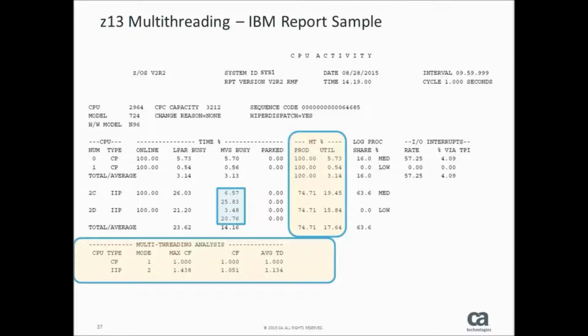So if you are not running multi-threading and you've done this thing to your site that tells IBM to generate Type 70 records with the new format, you will get this look to your IBM CPU activity reports, but in all cases, it will look like the CP processors up here. You'll always see 100% here, always see 100% here.